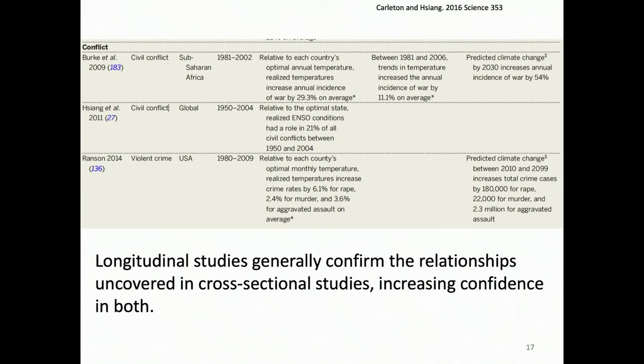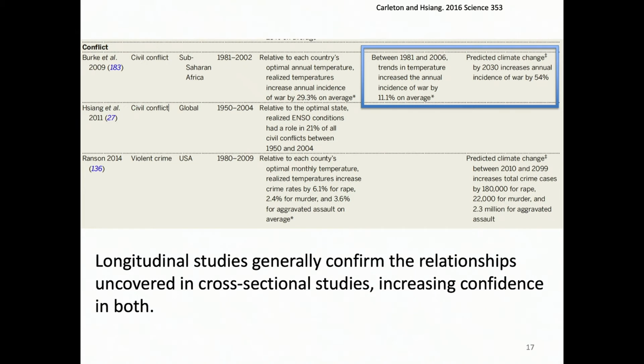Okay, so there are tons of these cross-sectional studies now, zillions of them, and longitudinal studies. This one came out in 2009. It looked at the trends in temperature and warfare.